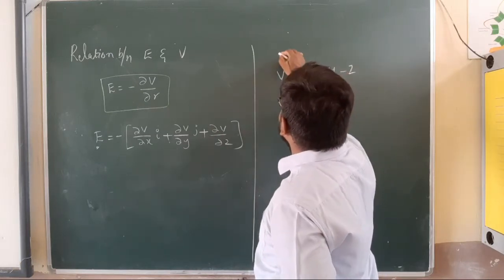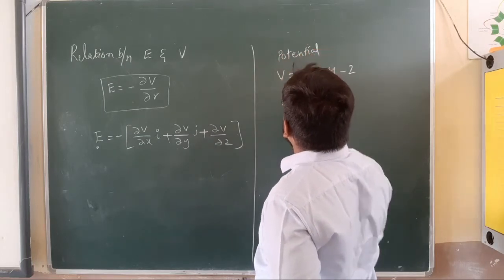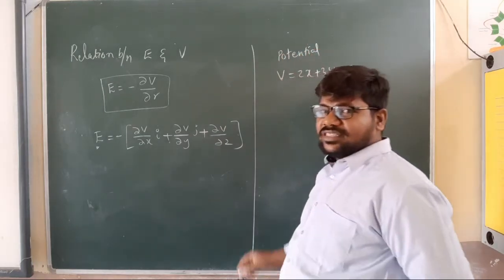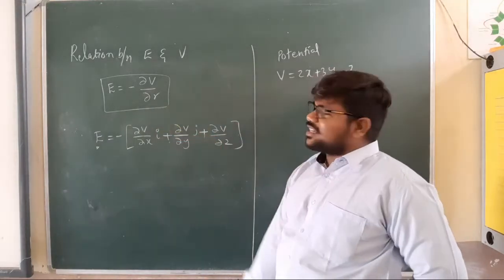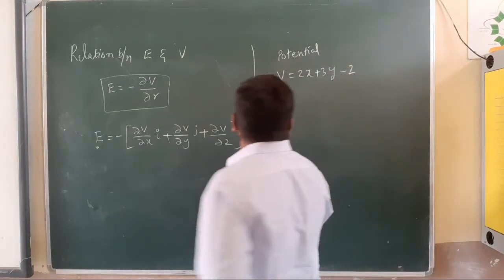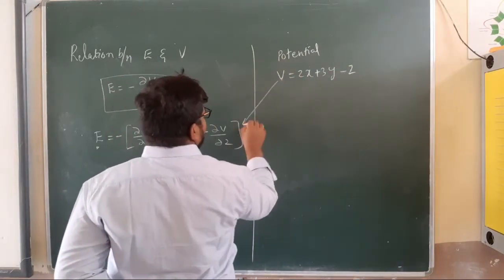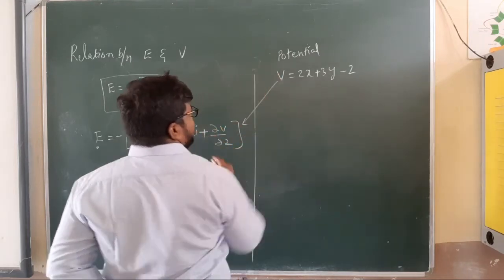So this is the potential. From this equation, we have to find the electric field intensity.